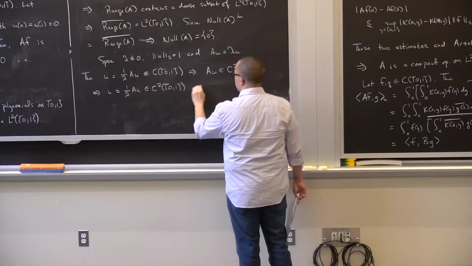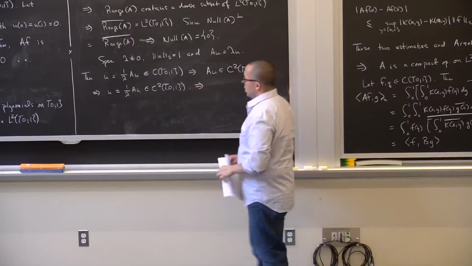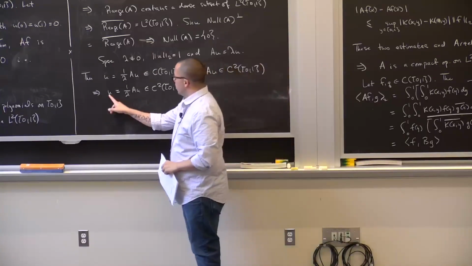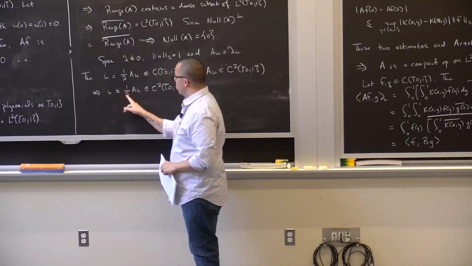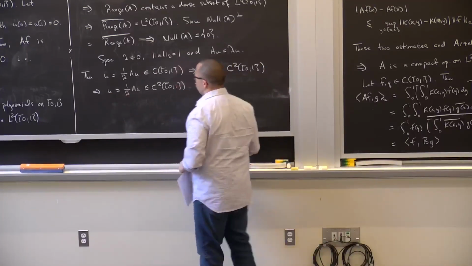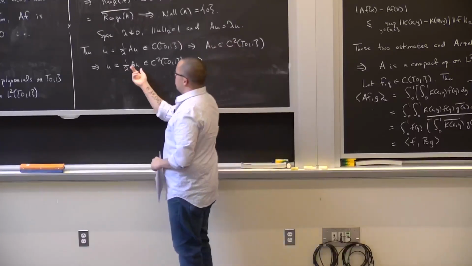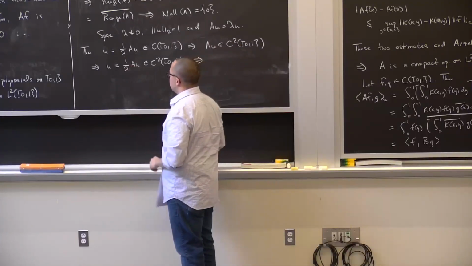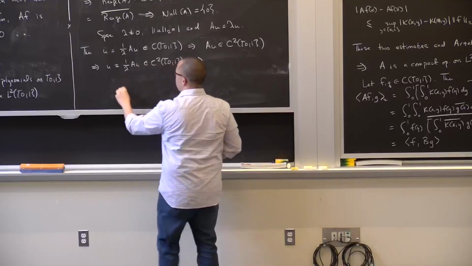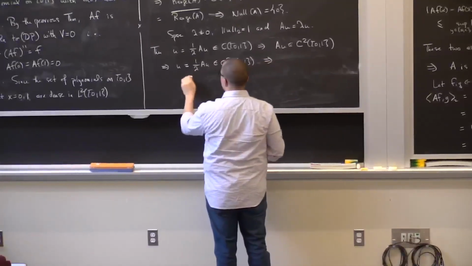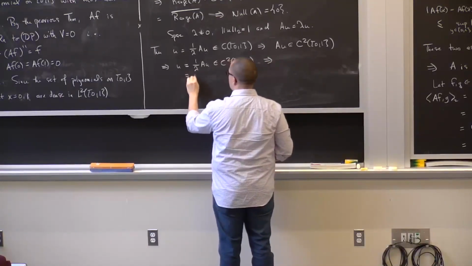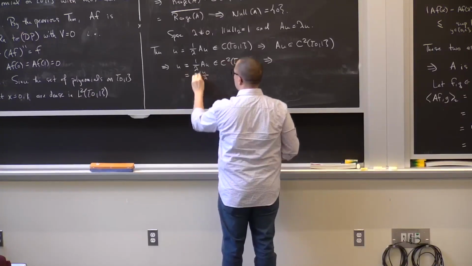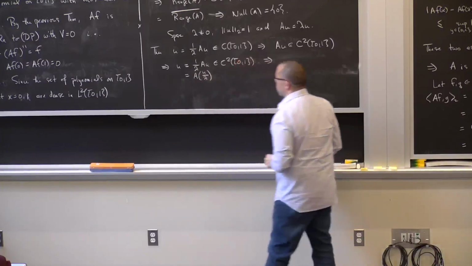So now u is a twice continuously differentiable function, which is equal to 1 over lambda times Au, right? So another way to write this is A applied to u over lambda, because A is a linear operator.